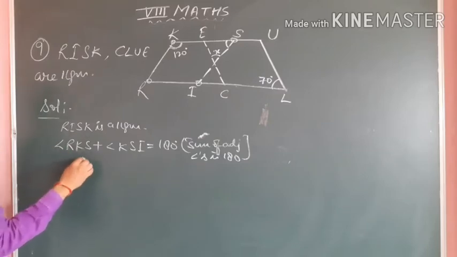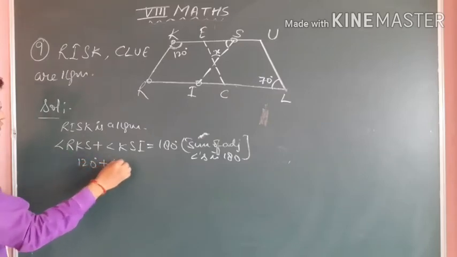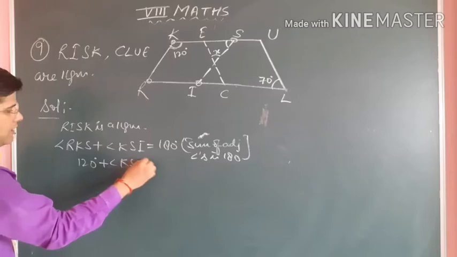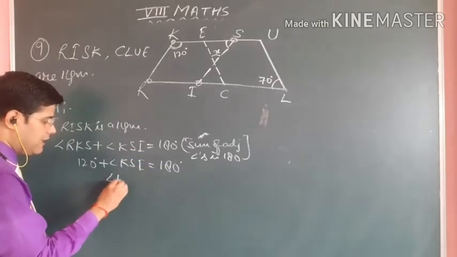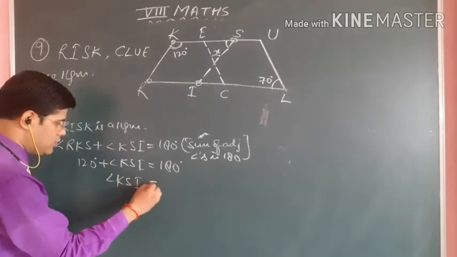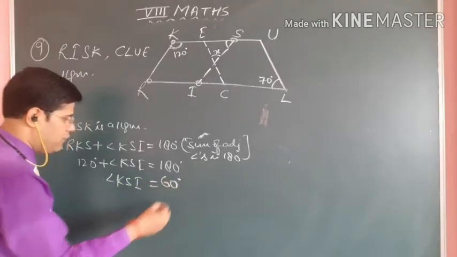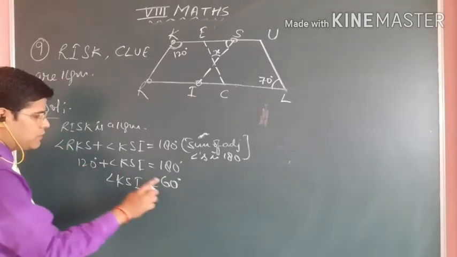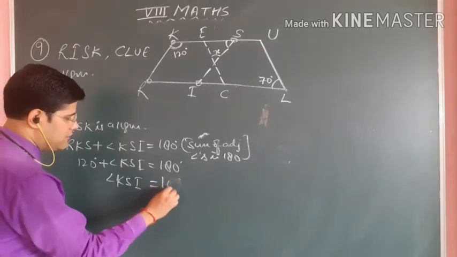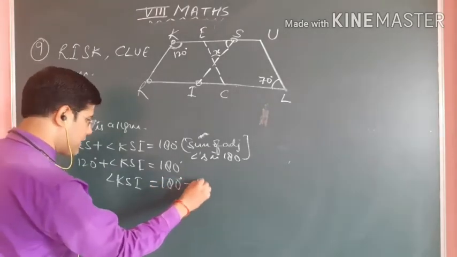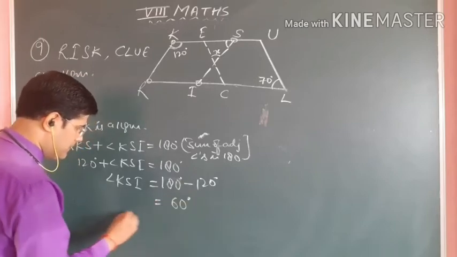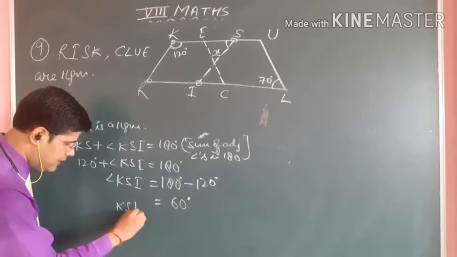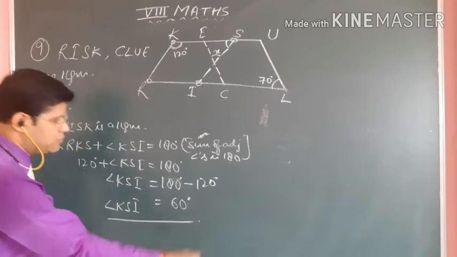Now RSK is 120 and this one refers to KSI, that is 180. Now what is KSI? Angle KSI is equal to 60 degrees. How do we find that? We subtract this 120 from 180 and write that step also, because you are in class 8 and you might be confused. So angle KSI is equal to 60.